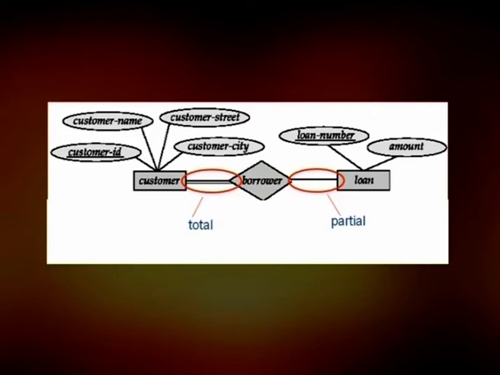It can be implied that every customer must borrow at least one loan, and some loans may not be borrowed by any customer. It should be noted here that the given two types of constraints, that is cardinality and participation, are independent of each other. It means that any cardinality constraint can be used with any participation constraint.